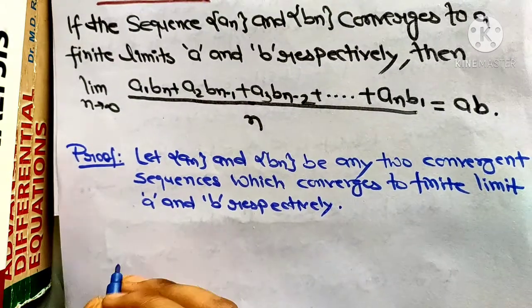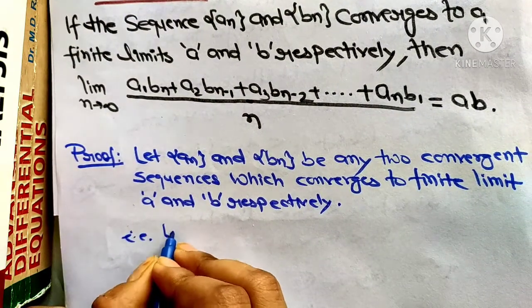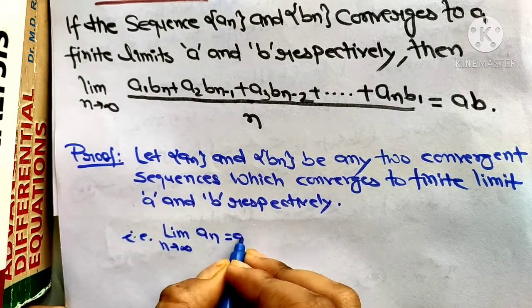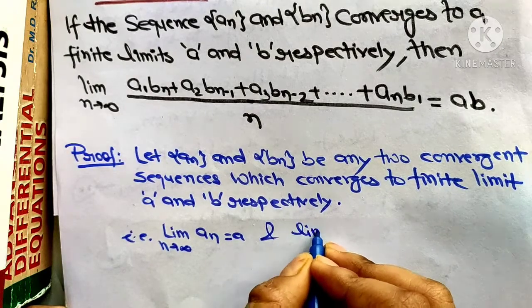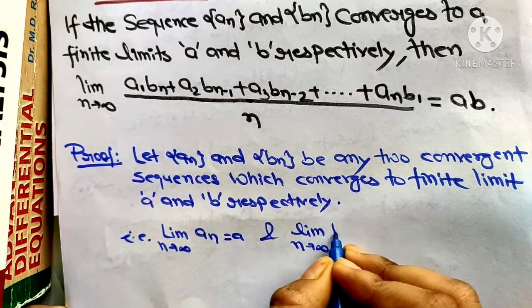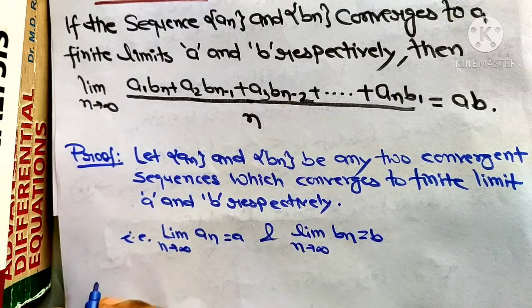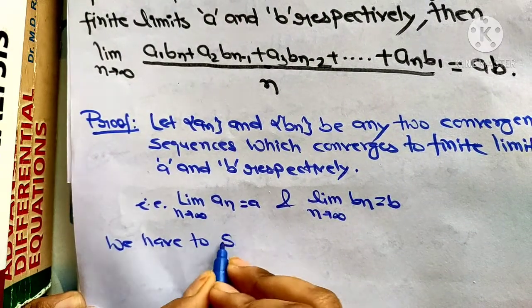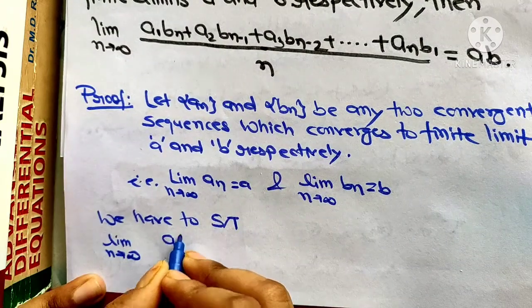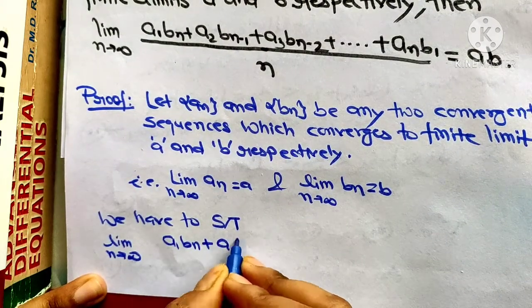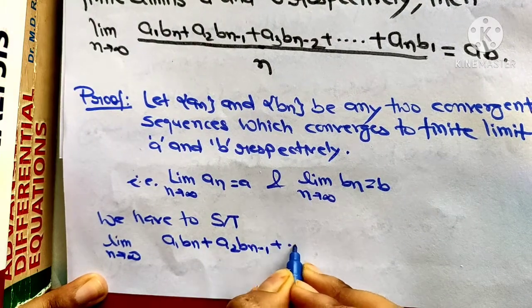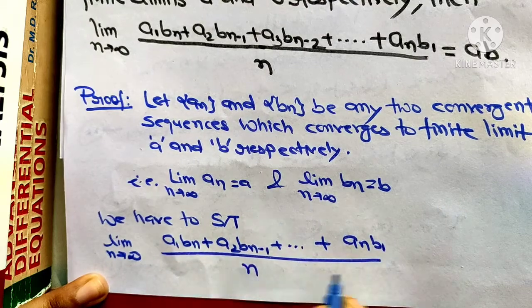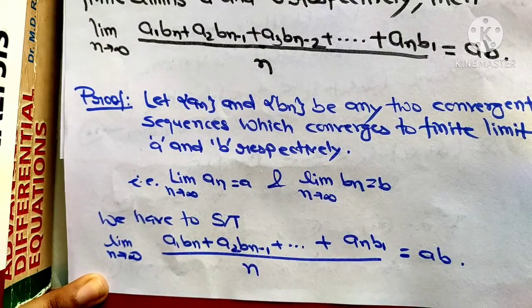That is, limit n tends to infinity an is equal to a and limit n tends to infinity bn is equal to b. We have to show that (a1bn + a2bn-1 + ... + an b1) upon n is equal to ab.